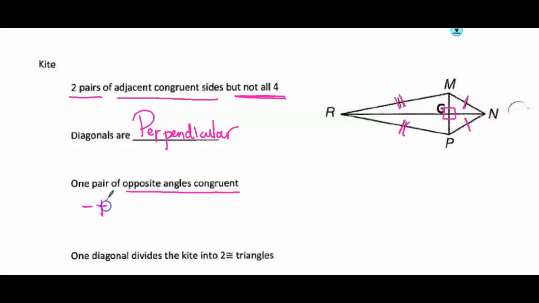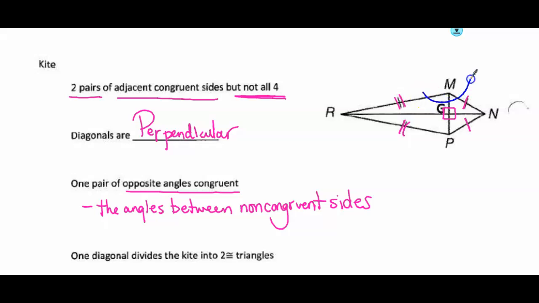This is the angle or angles between the non-congruent sides. So if I go over to this picture, this angle here is congruent to this angle here because they're the angle between the non-congruent sides.